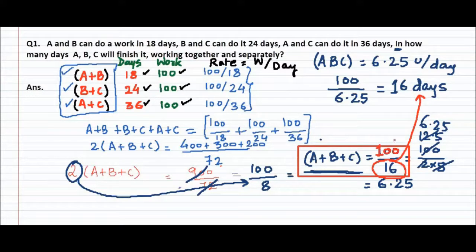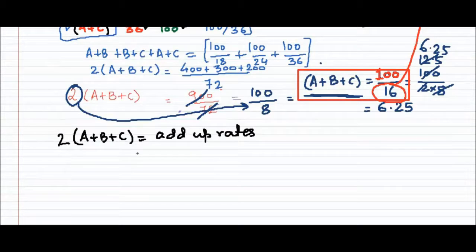If suppose the number here changes and it's not 100, then this trick is not going to work. In case you didn't understand anything, all you have to take into account is that I have done addition of the rates. Once I have added up the rates and I got the rate at which A, B, C are doing it in a combined fashion, it's very easy for me to determine in how many days 100 units can get completed.